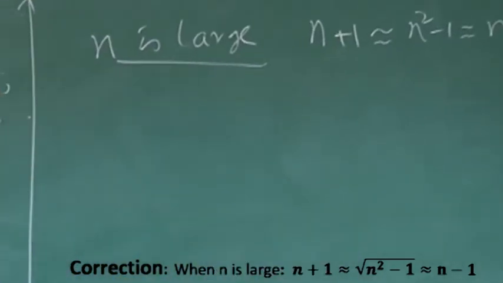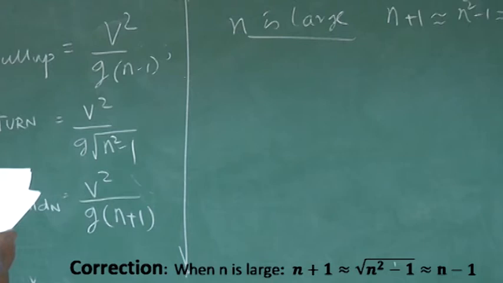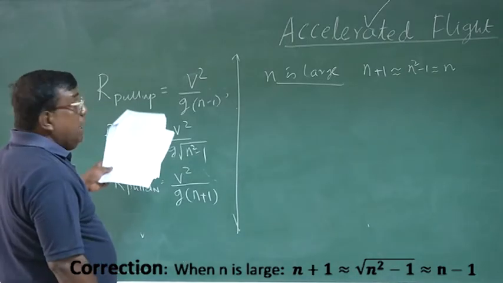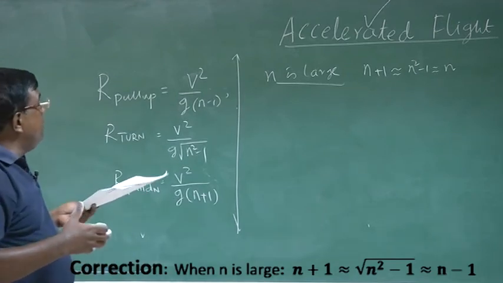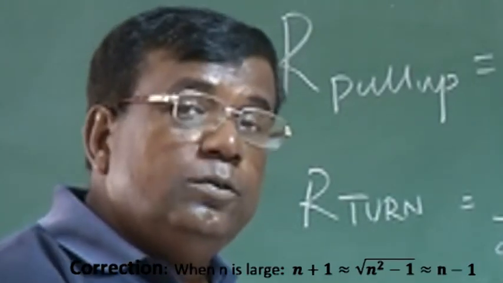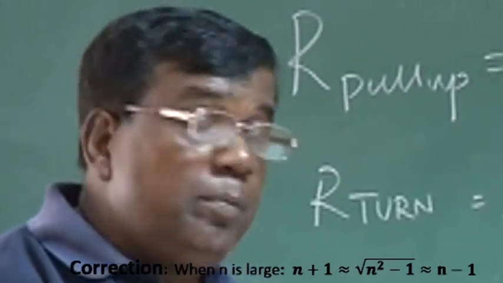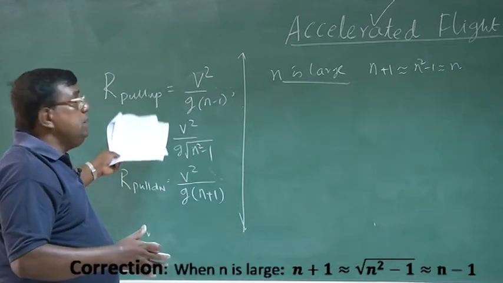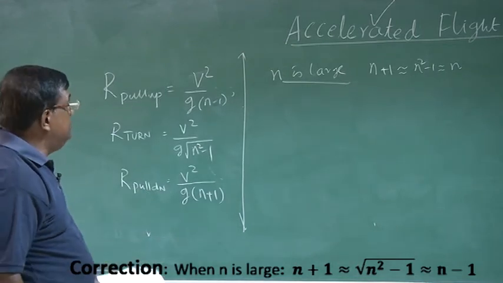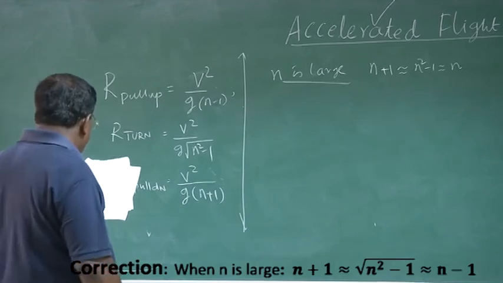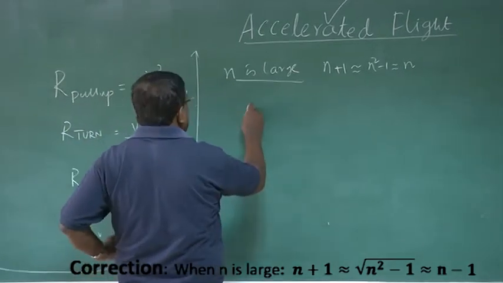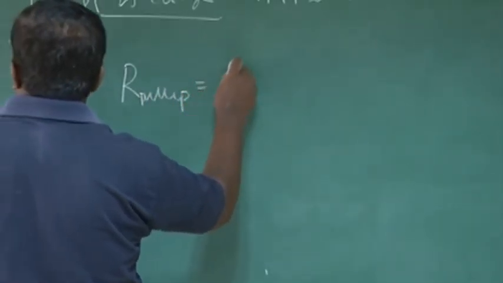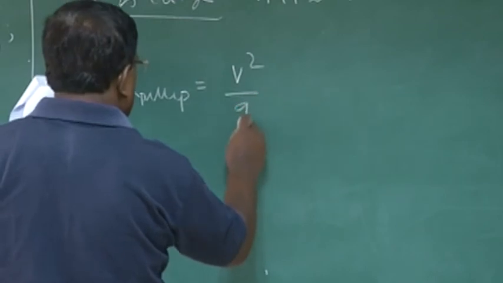Just to get an idea about some very important understanding for a designer, because all these things are from the mechanics. But the designer should translate this to the configuration of an airplane, which should be capable of generating the requisite forces to achieve all these performance parameters. So if I apply this approximation, I get R pull up is equal to V square by g n.